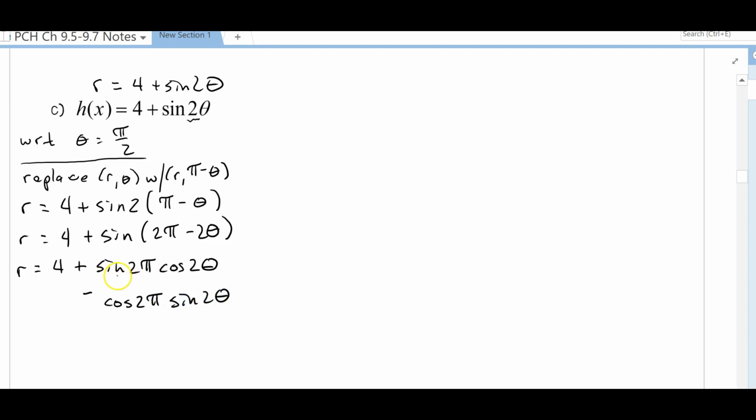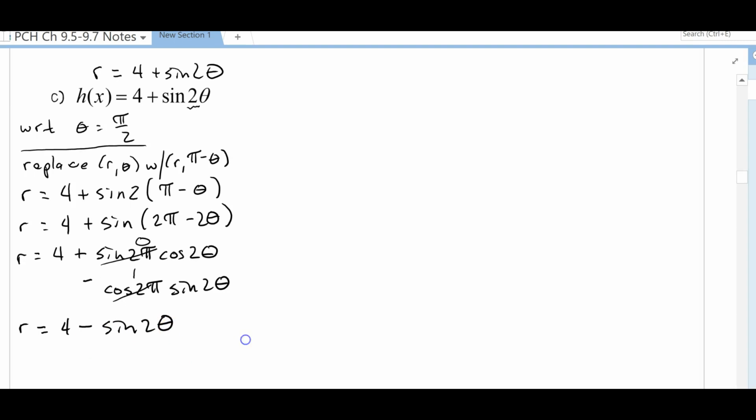So sine of 2 pi is 0, and cosine of 2 pi is 1, so we get r equals 4 minus sine 2 theta. Now we can see that this is not the same as the original because it's a minus instead of a plus. So not symmetric with respect to theta equals pi over 2.